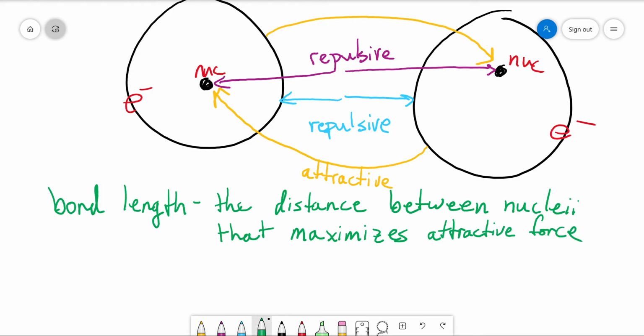So when that attractive force is at a maximum, that's the bond length.